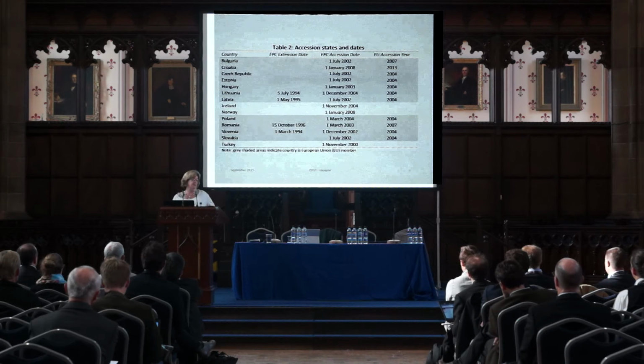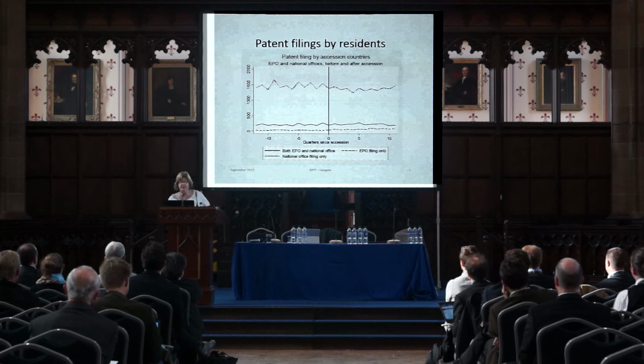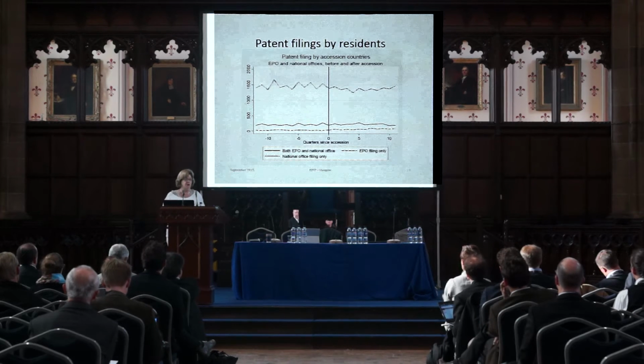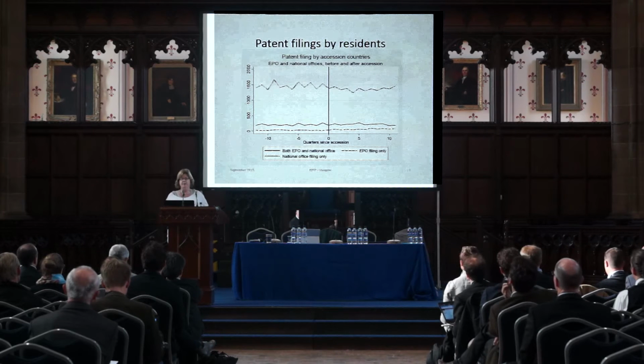Okay, so this is the basic fact, which is a bit, in some ways, mysterious. This is patent filings by residents of accession countries before and after accession to the European Patent Office. Okay. So what happens? Well, first of all, most of their filing is national. That's the top line.